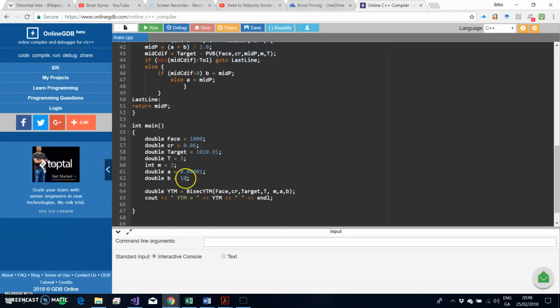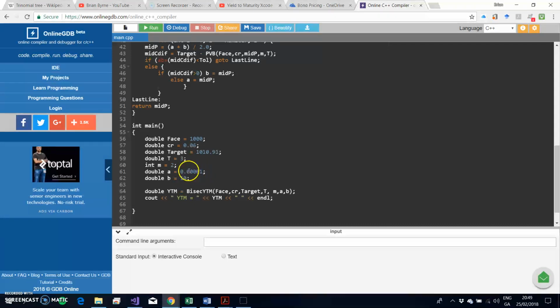10 here, however, would denote absolutely 1000%, which is way out of whack. 1 here would be 100%, 10 is 1000%, and then this value here is also equally implausible.